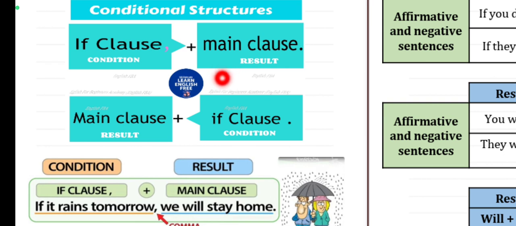But we can switch these positions by using the main clause in first position plus the if clause. If clause to the end, main clause to the first part. And when we do this, we don't add a comma.